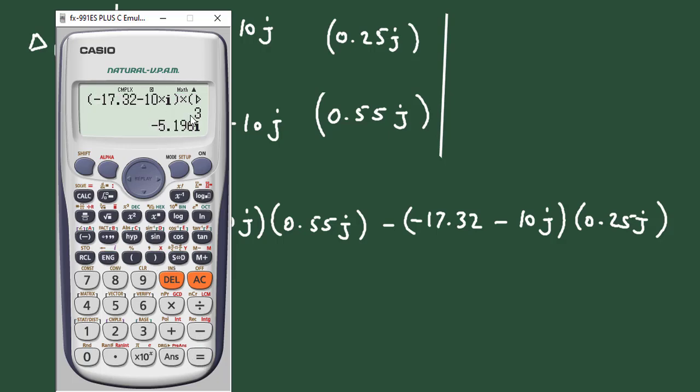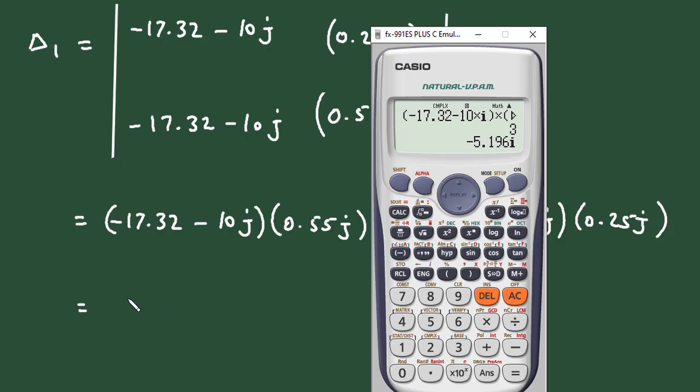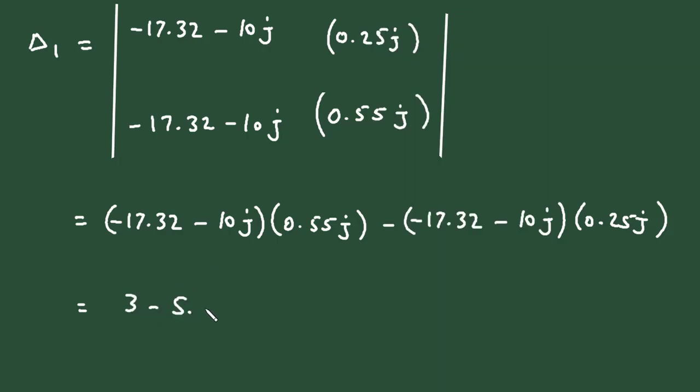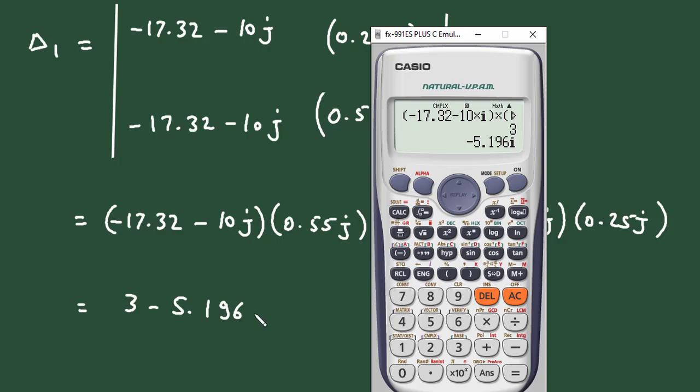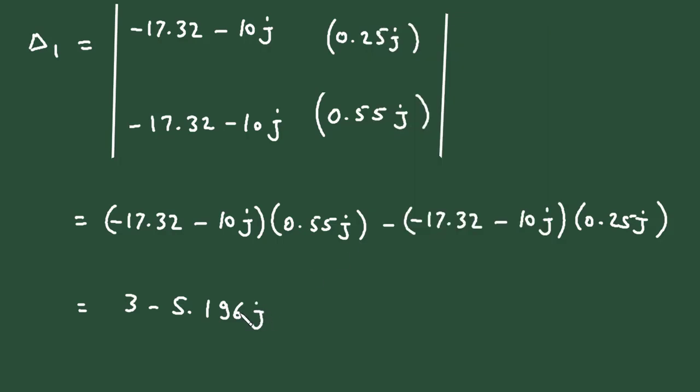So it is equal to 3 minus 5.196 j. So this is the answer for delta 1.